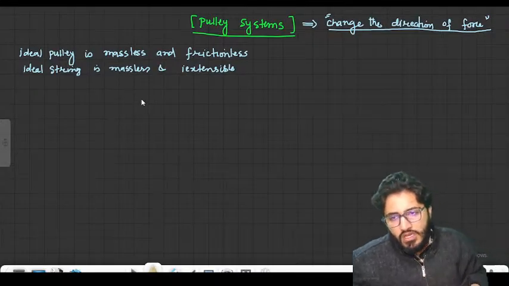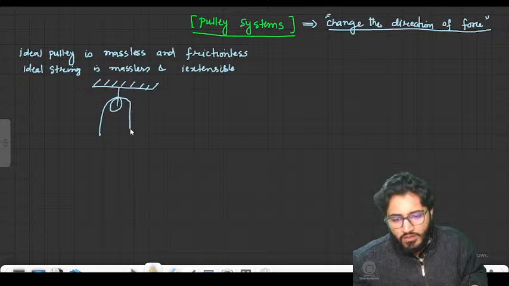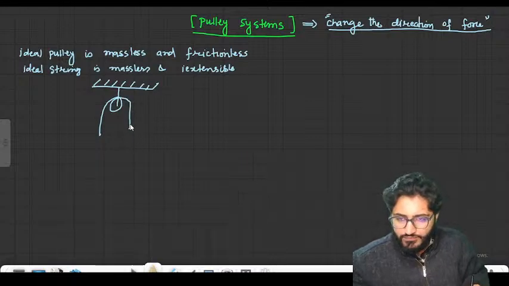How, sir? Let us suppose we are having a pulley. Look, this is my pulley. You are applying force here, so this pulley gets pulled up.